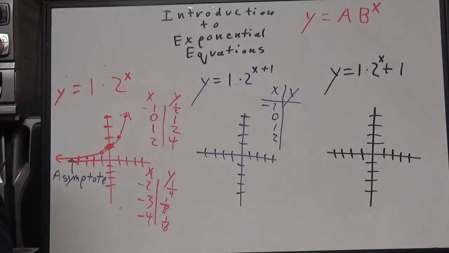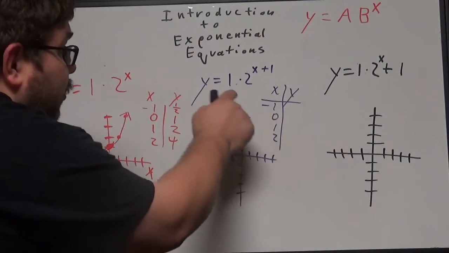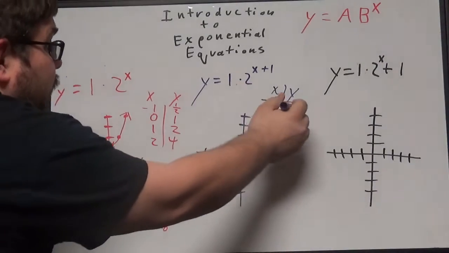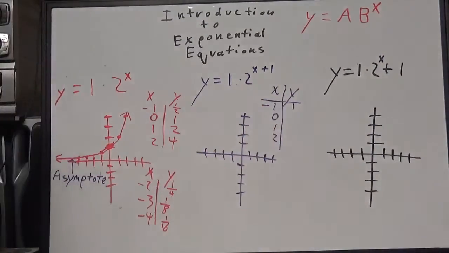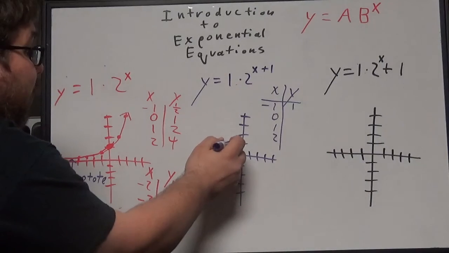If I put 1 times 2 to the power of -1 plus 1, well, what's -1 plus 1? It's 0, correct? So that's 1. That means that 1 times 1 is 1, so we would have a point here.